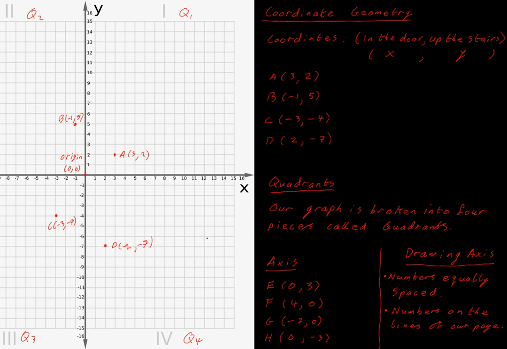The top right-hand corner of my page is called the first quadrant. To the left of it is the second quadrant. Going down from there is the third quadrant. And then the bottom right is the fourth quadrant.